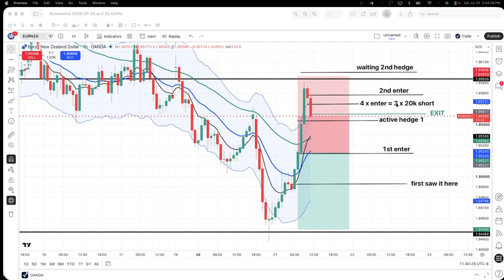It should be 4 20Ks. And because this size here is fairly large, I just added to this second entry, and because there is quite a bit of volume here, only a little bit of move in my direction will be enough to offset my unrealized loss and hopefully give me some profit on top of it.